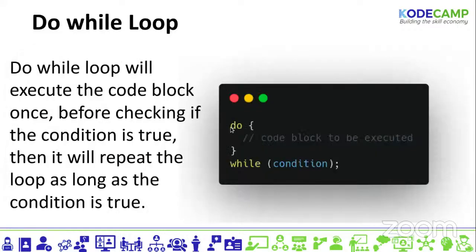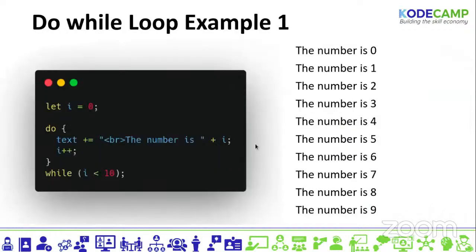Then we have the do while loop. A do while loop will execute a block of code at least once before checking if the condition is true. Then if the condition is true, it will continue executing that block of code. So if we try to print this, it will print the number I is 0 first before checking if 0 is less than 10.